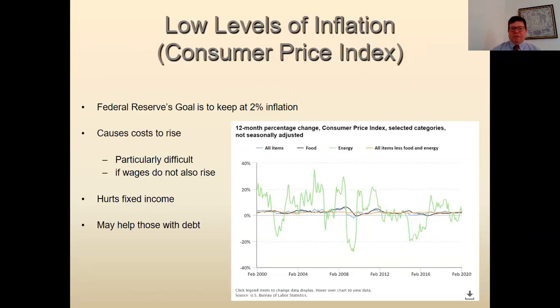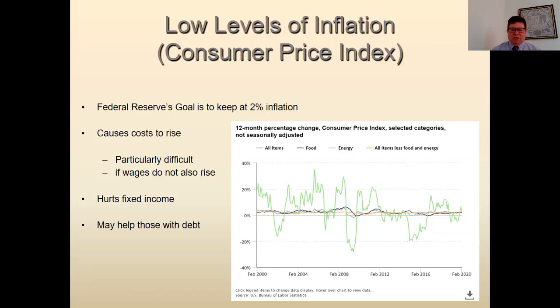So we calculate that by the Consumer Price Index, which is just generally the government tracks a basket of goods which it considers to be essential to people's lives, and sees how much the cost changes month to month. And that gives us the indicator of what inflation is.